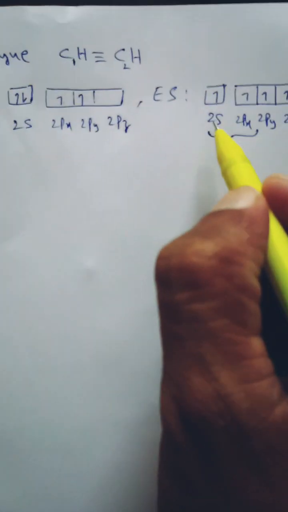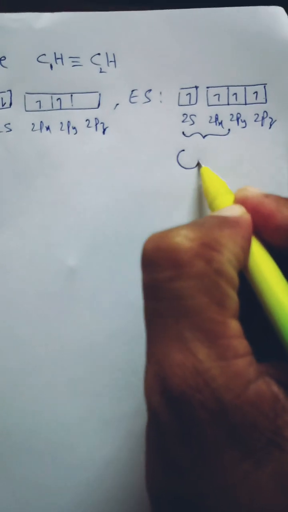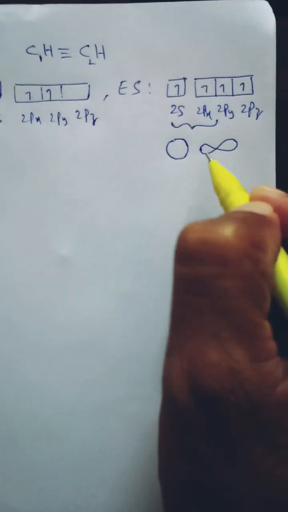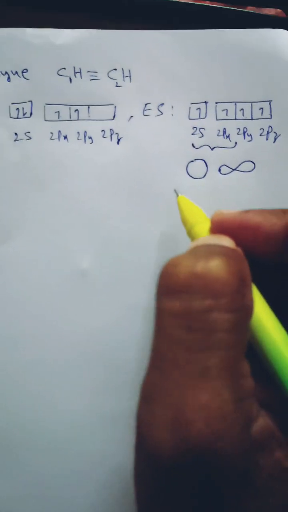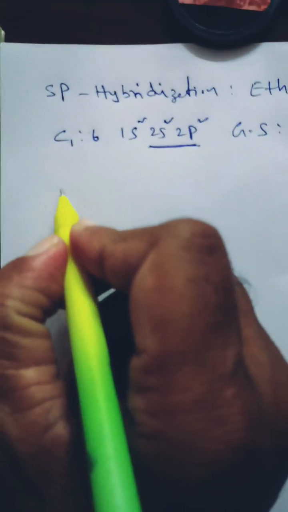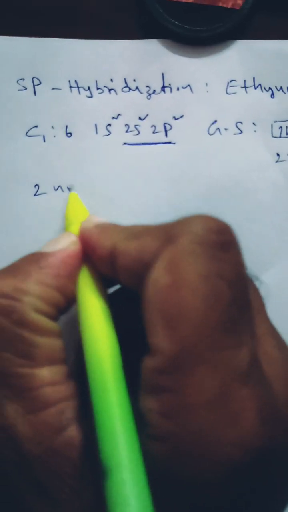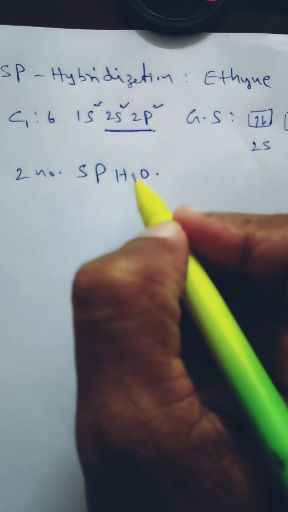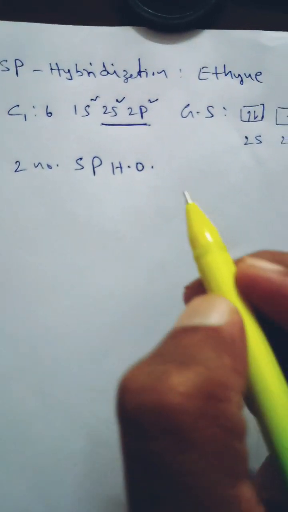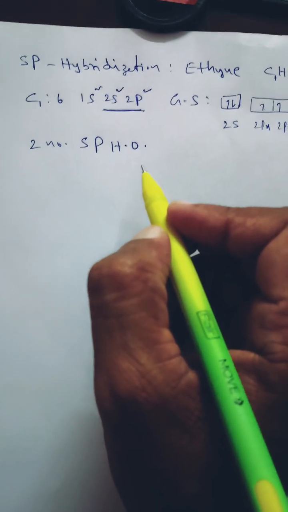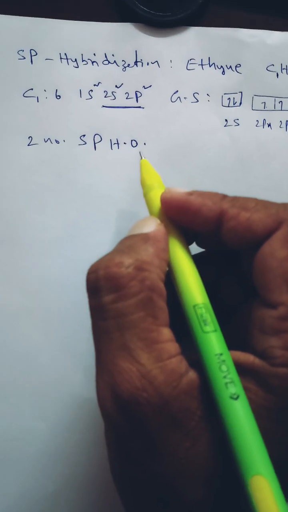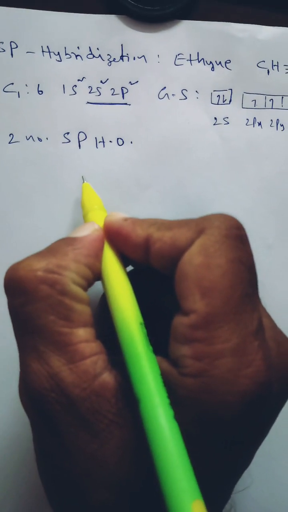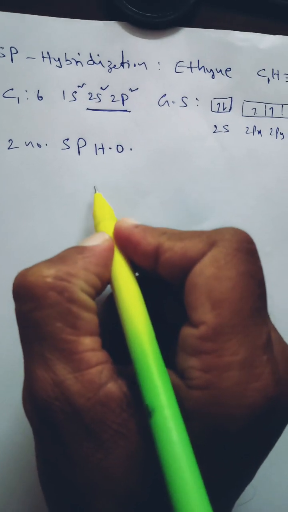Here one s orbital, which is spherical in shape, and one p orbital, which is dumbbell shaped like this, are hybridized to form two sp hybrid orbitals. That means one s orbital and one p orbital combine to form two sp hybrid orbitals. These two hybrid orbitals are arranged like this.